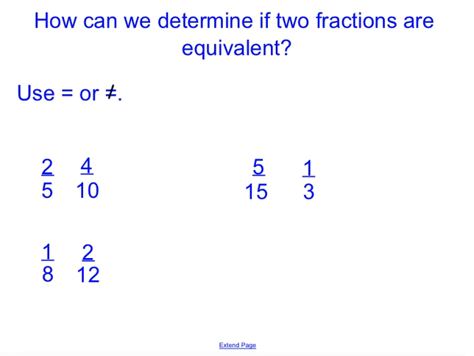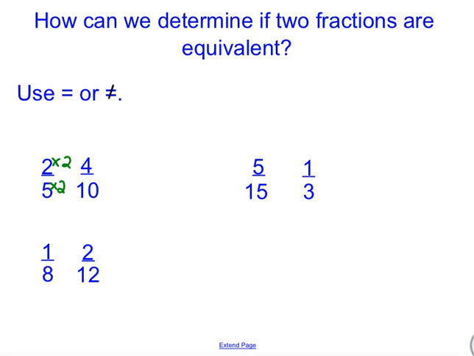So I'm going to go over to 2/5 and multiply the numerator and the denominator by 2 and see if it equals 4/10. If it does, then we're in business. It's equal. If it doesn't, then it's not equal. So let me go ahead and do the work. I'm just going to write times 2, times 2.